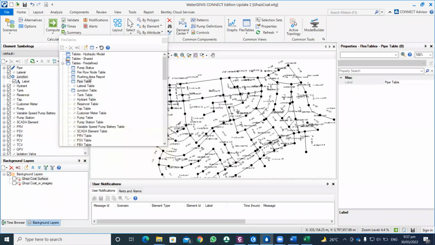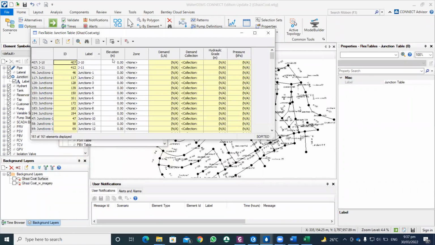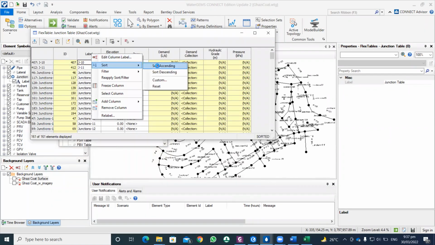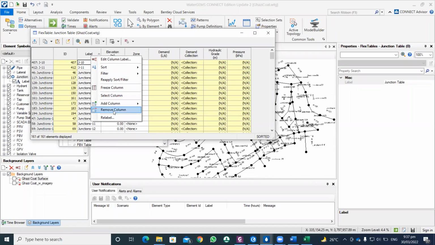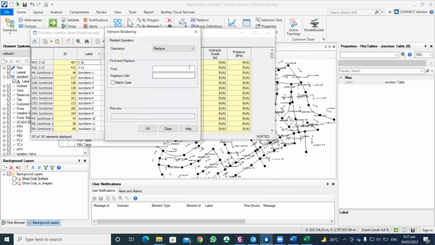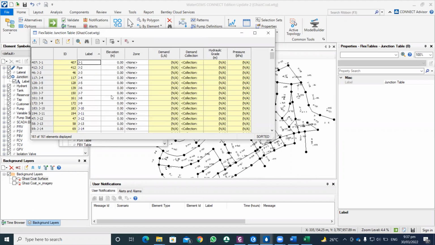Similarly, I will relabel the junction table as well. So all the junctions are now relabeled.